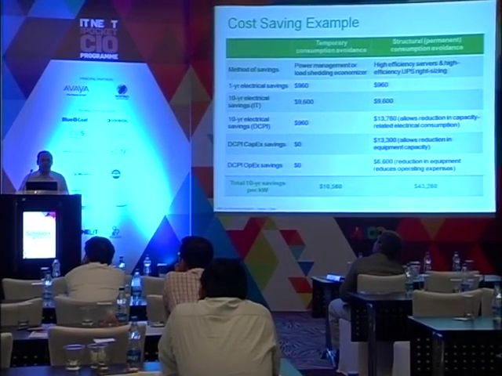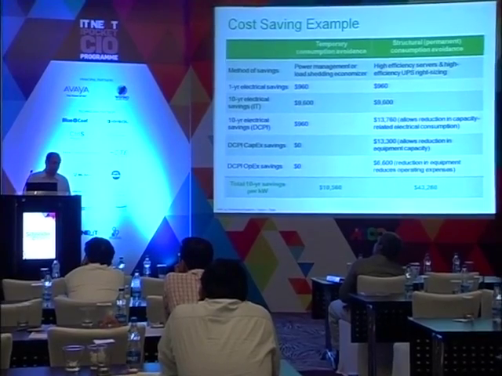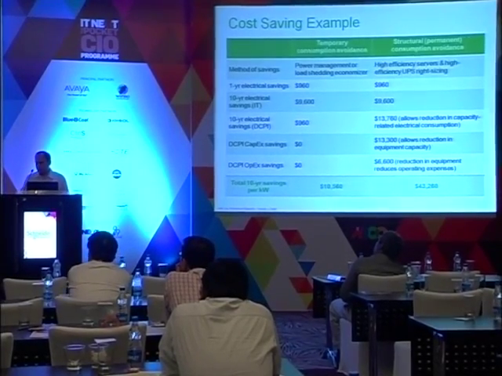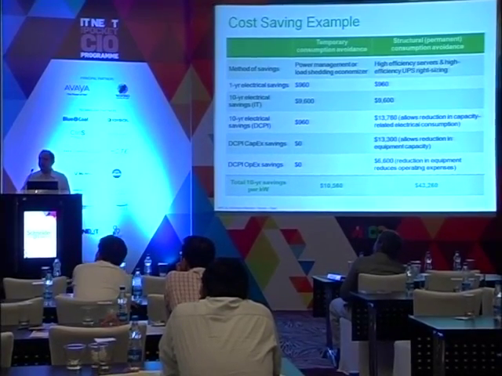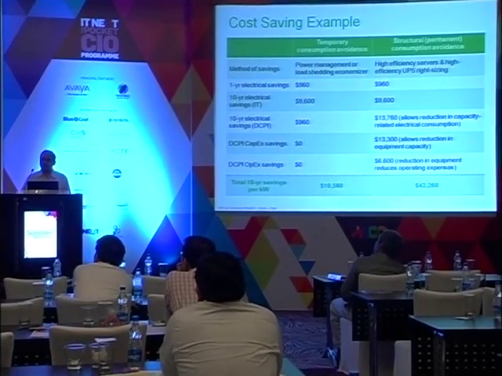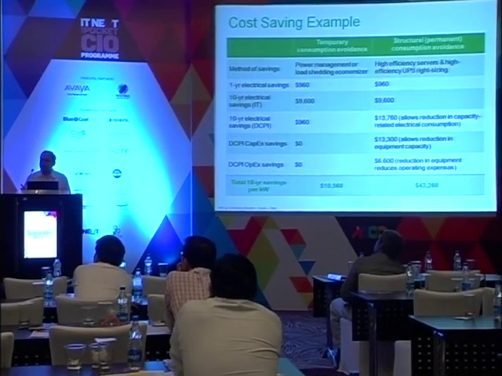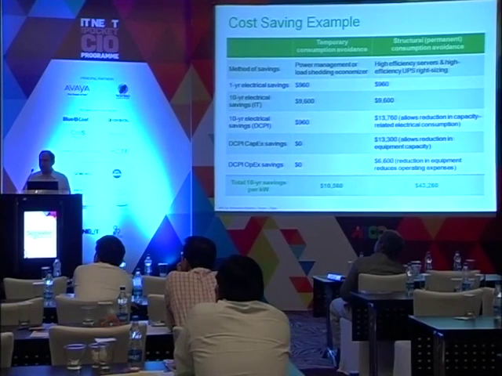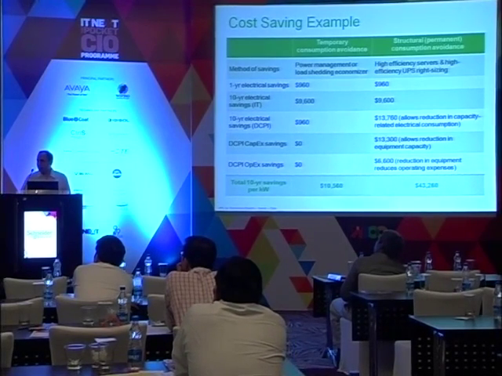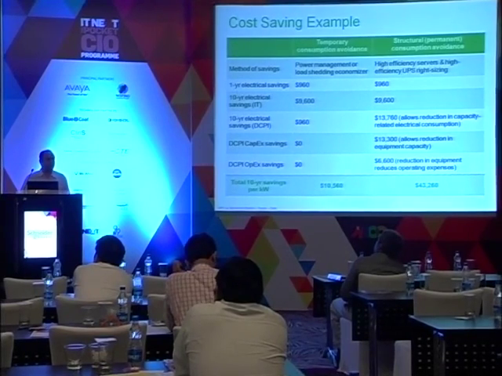How much can we save? Looking at the temporary avoidance methodology or looking at a structural avoidance methodology? Very clearly, the biggest impact that you will have, which is almost 4 times the impact, is in structural avoidance rather than temporary avoidance. Because with temporary avoidance, first, it is very difficult to implement in a programmed manner.